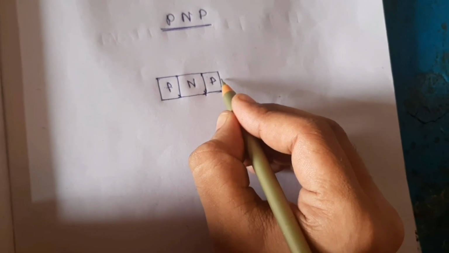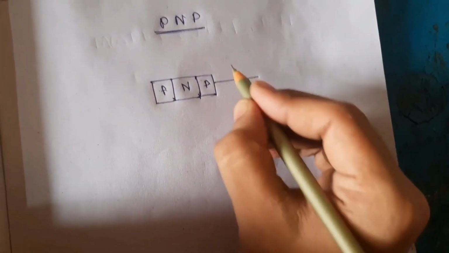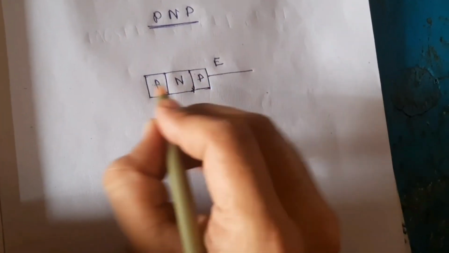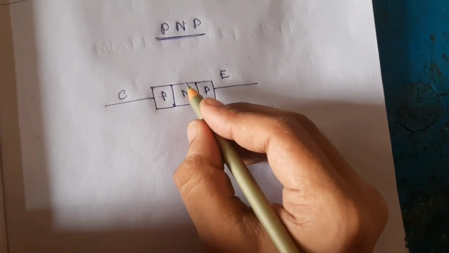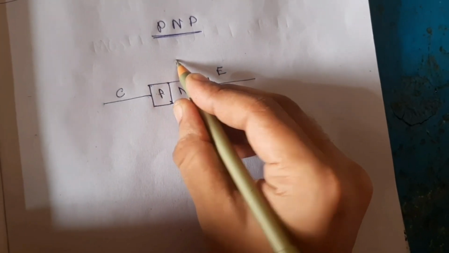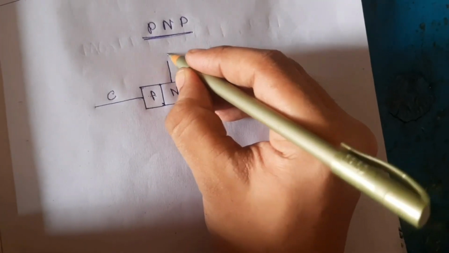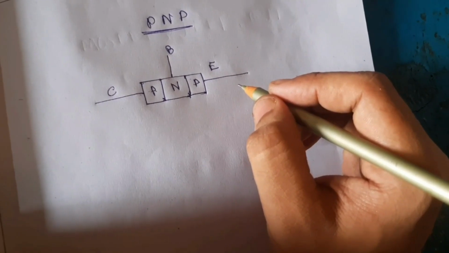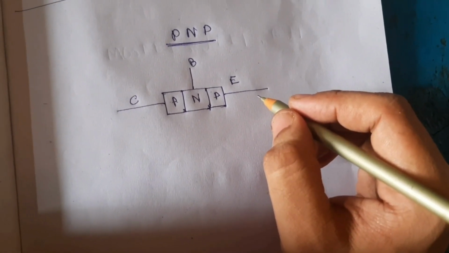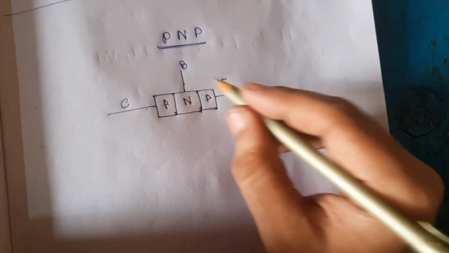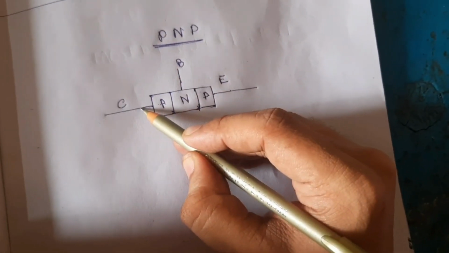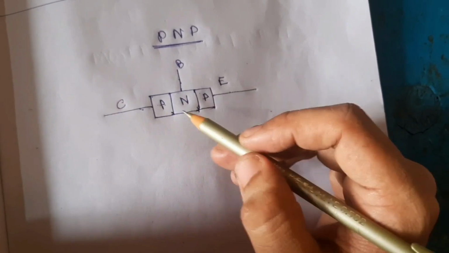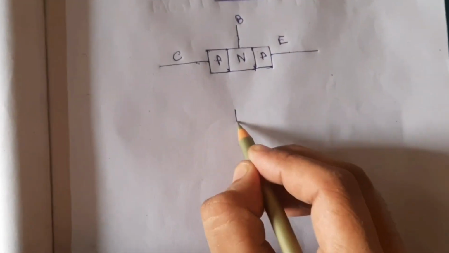The doping is much greater in the emitter and less in the collector, and the base has the lowest doping, of the opposite type. So in a PNP transistor there are 3 legs: one is called emitter, second is called base and third is called collector. Emitter, base, collector.